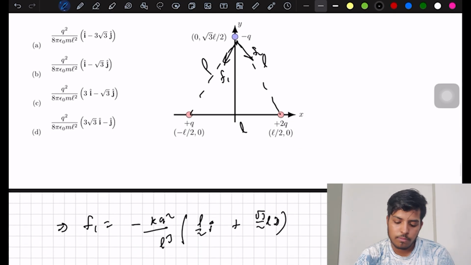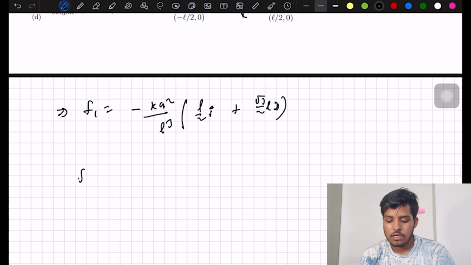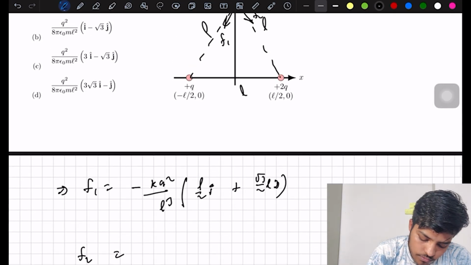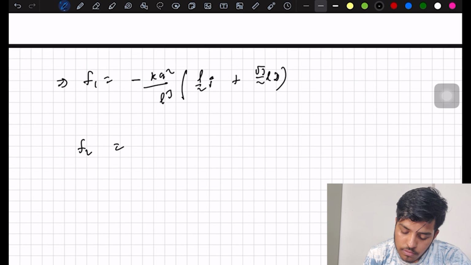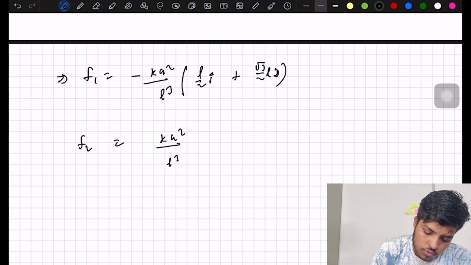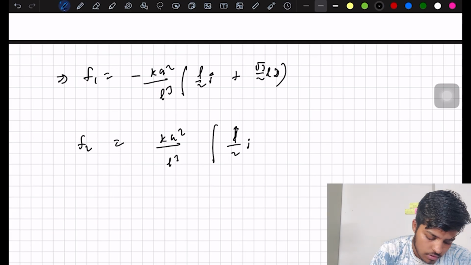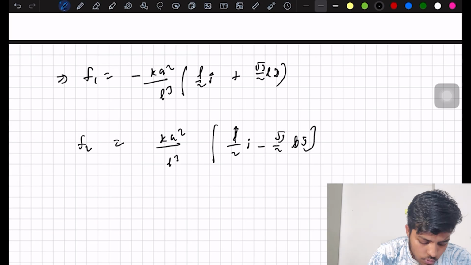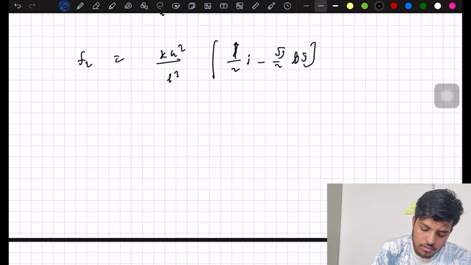So this is the F1 by the plus Q charge, right? And F2 will also be a force of attraction only, so it equals KQ square upon L cube into L upon 2 I cap minus root 3 upon 2 L J cap.